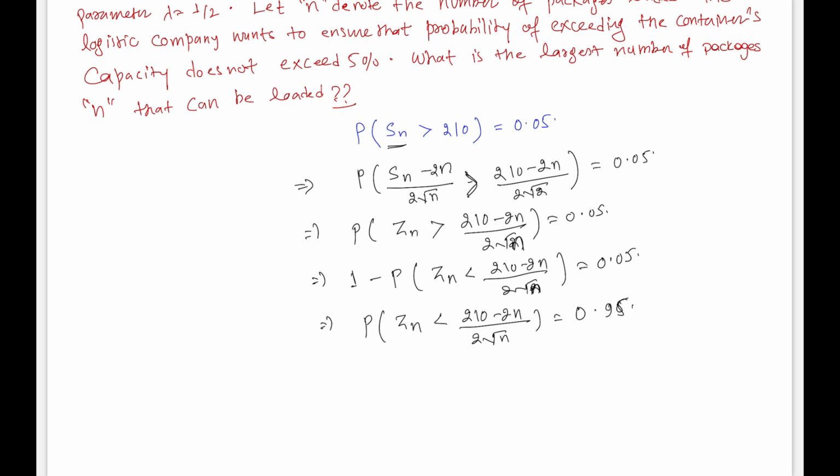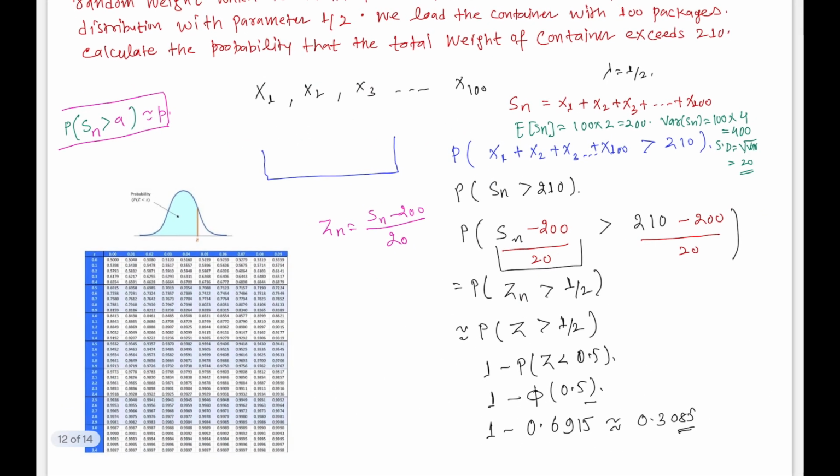So we can write this in terms of the CDF calculated at this argument, and this is equal to 0.95. For what argument do we have 0.95? We can look at the table.